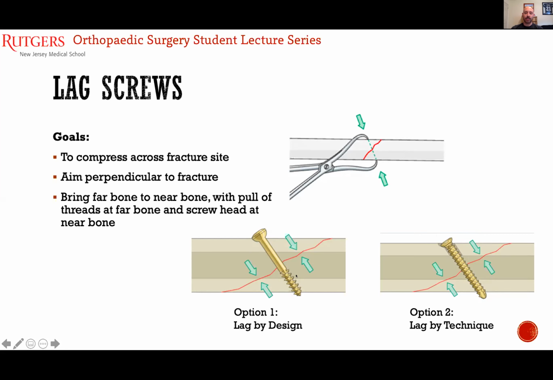So say the fracture was here, right? If you have any threads crossing over that fracture site, they're going to engage the bone on the near side of the fracture site, and this won't allow for compression. If you're doing lag by technique, you can drill all the way up to this area, and therefore you only have threads engaging the bone past the fracture site.